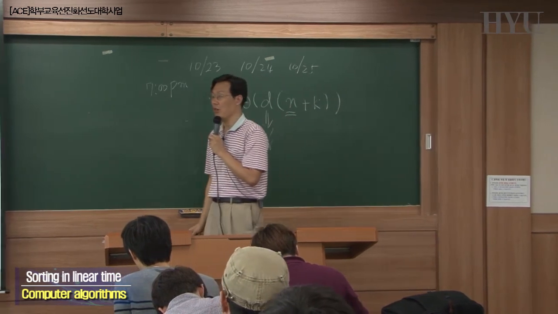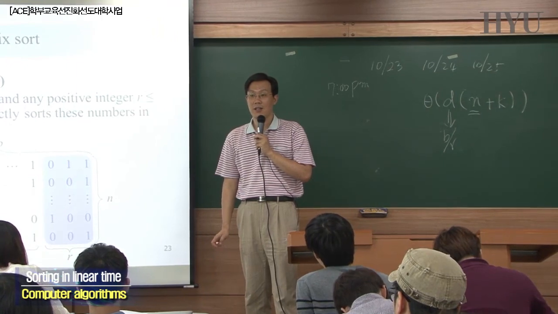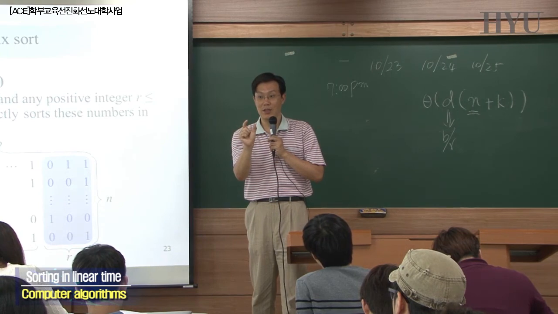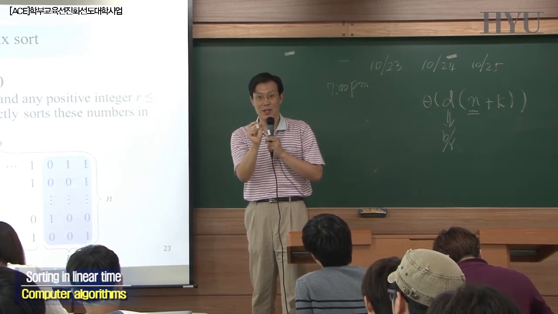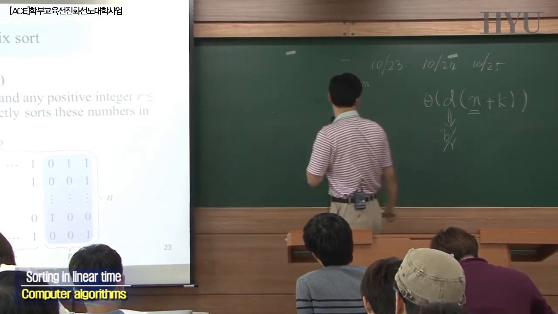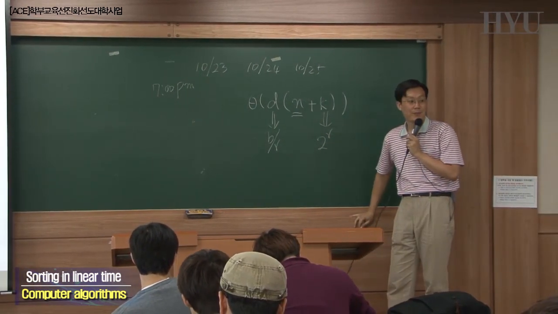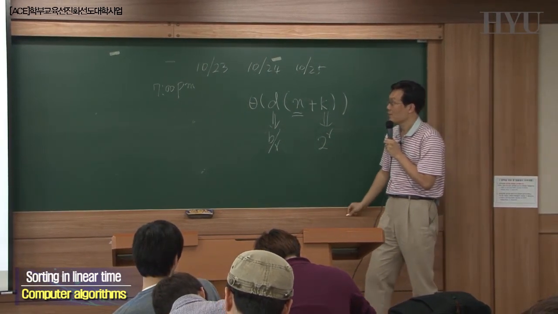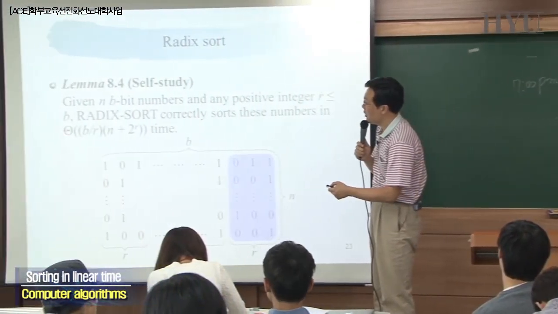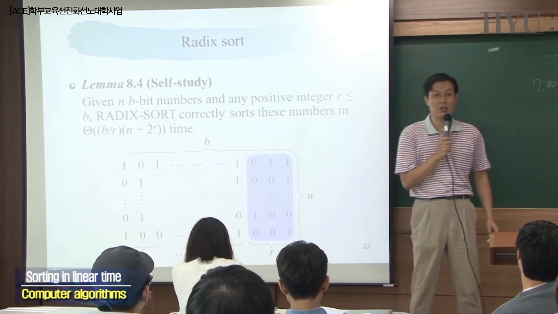Okay? Then what is the range of each radix? Because there are r bits, the smallest number in each radix is 0, and the largest number is 2 to the r minus 1. So the range is 2 to the r. So we get the running time is theta of (b over r) times (n plus 2 to the r).